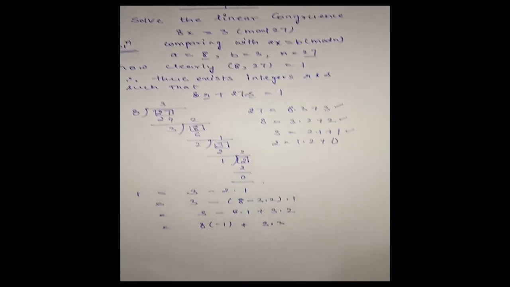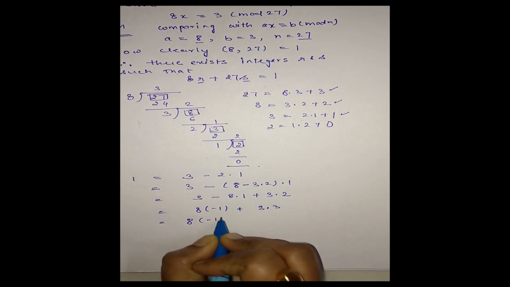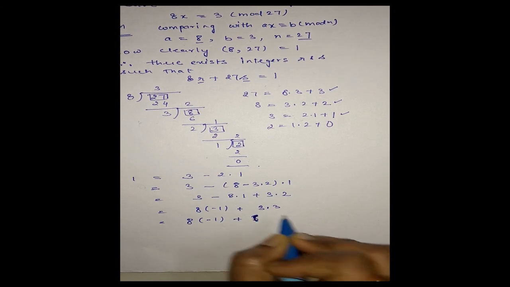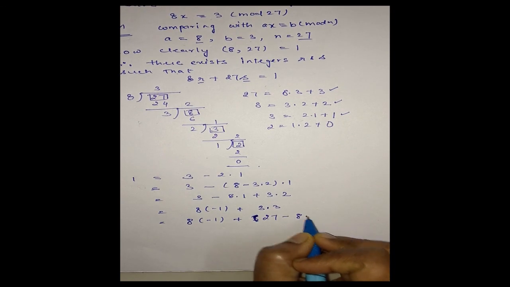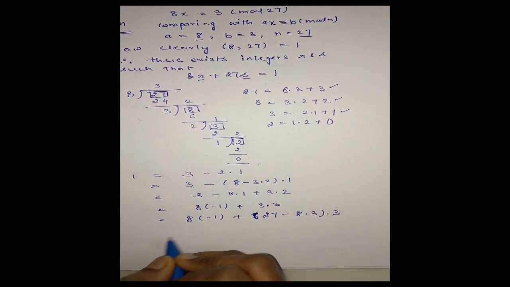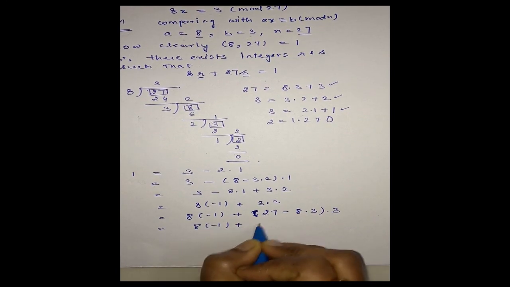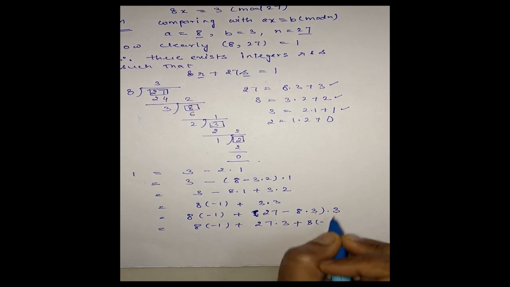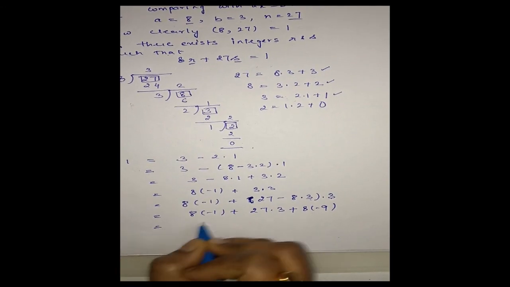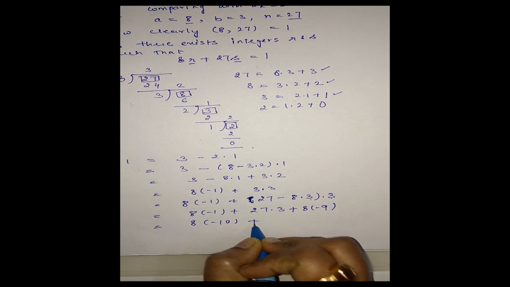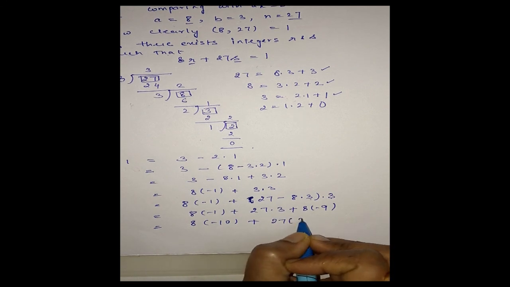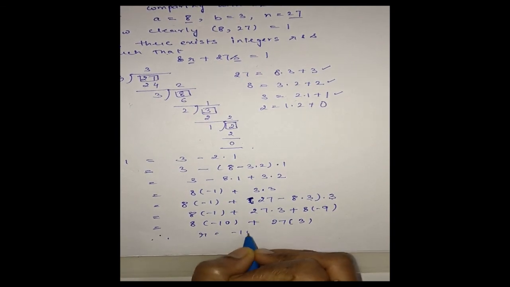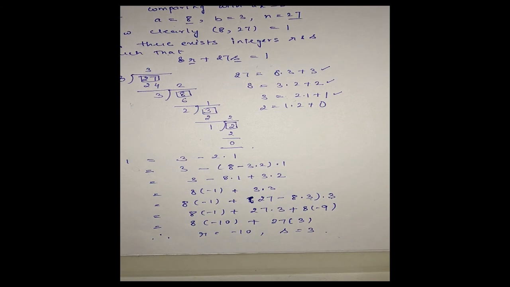Now replacing 3 by 27 minus 8 into 3, that is 8 into minus 1 plus 27 into 3, which can be written as 8 into minus 10 plus 27 into 3. Therefore, R is minus 10 and S is 3.